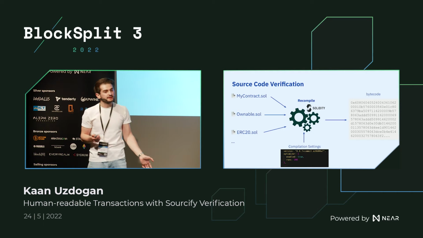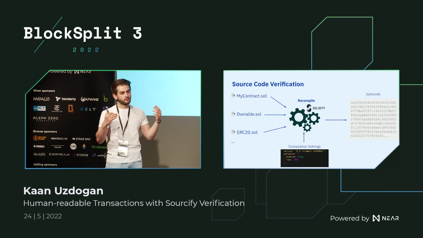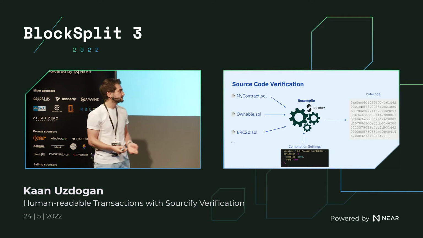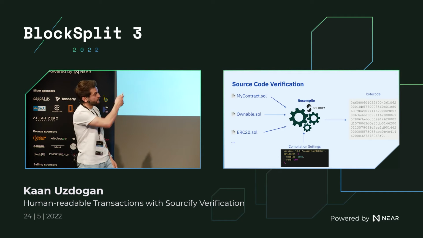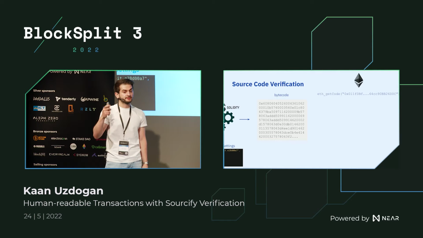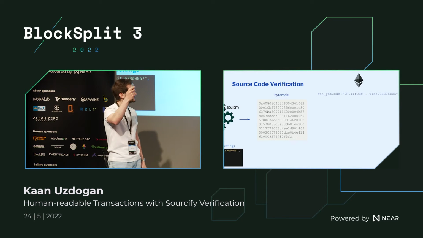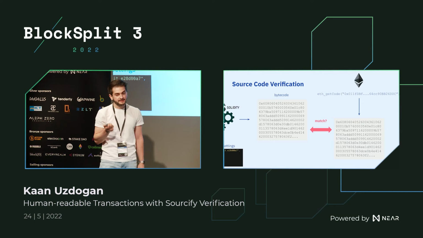If you are not familiar, Solidity contracts get compiled into a bytecode, which is similar to an assembly code. And that will run on the EVM. So we have the bytecode. Then we have a contract on the blockchain. Then we pull the bytecode of this contract and see if there's a match here.